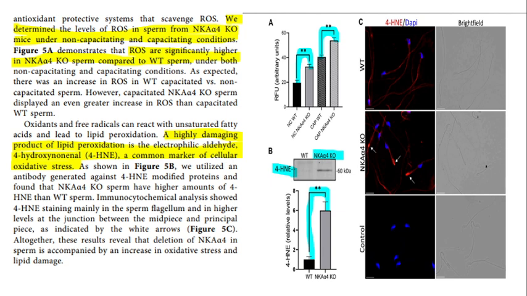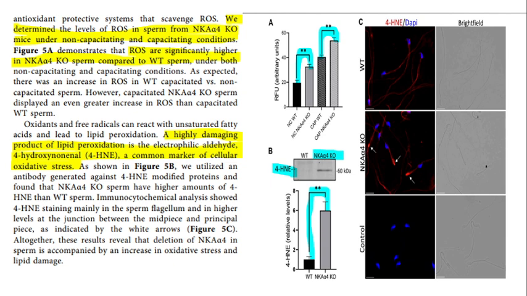So they determined that the levels of ROS in sperm from the alpha 4 knockout mice were significantly higher than the control ones. So they saw that the levels of reactive oxygen species were higher when you have the knockout.